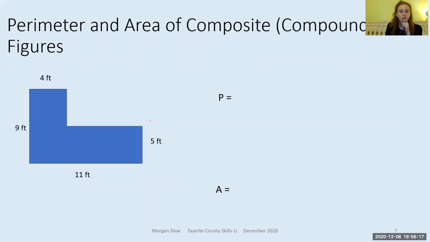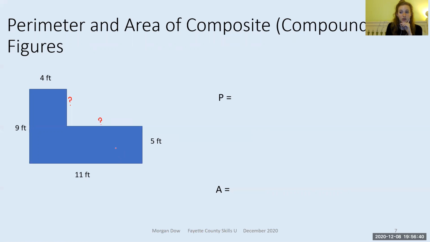All right, so we want to calculate the perimeter and the area of this blue shape here. Let's do the perimeter first. Perimeter just means adding up all of the sides. I look at my shape and I see there's actually a couple of sides that I don't know the measurements for.